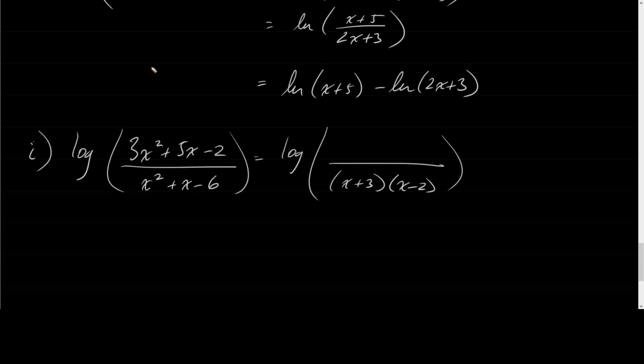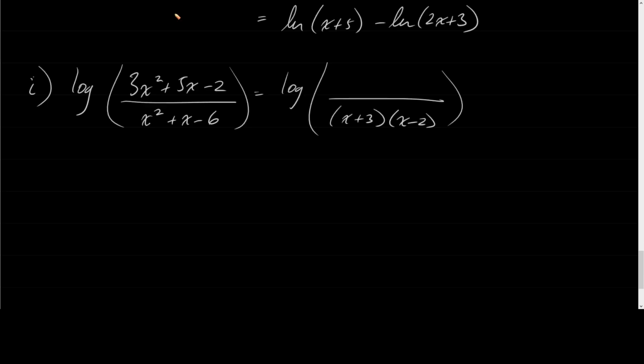The top one, let's just remember what the AC method was. So we have 3x squared plus 5x minus 2. 3 times negative 2 is negative 6. Two numbers multiply to negative 6 but add up to positive 5. That would be 6 times negative 1. And it doesn't matter which order we do them.